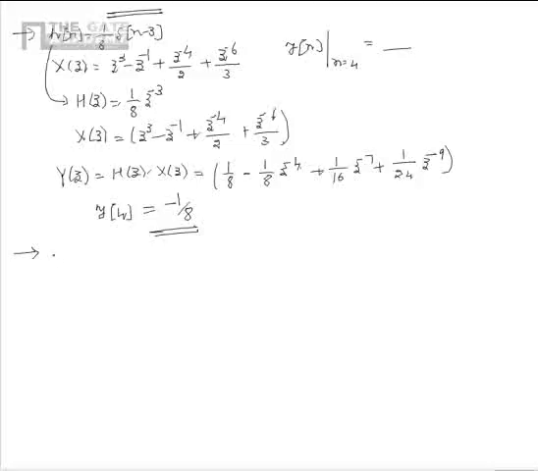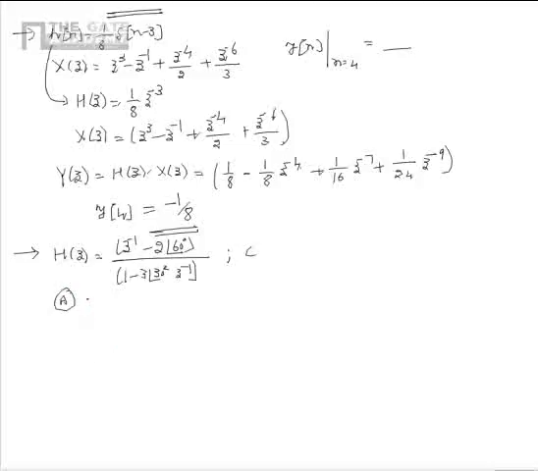Now let us consider another problem, in which the system function of the LTI system is given as H(z) = (z^-1 - 2∠60°) divided by (1 - 3∠30° z^-1). It's given that the system is causal. From this, we need to pick the correct option related to the system.